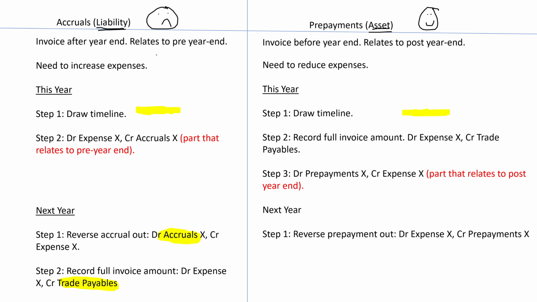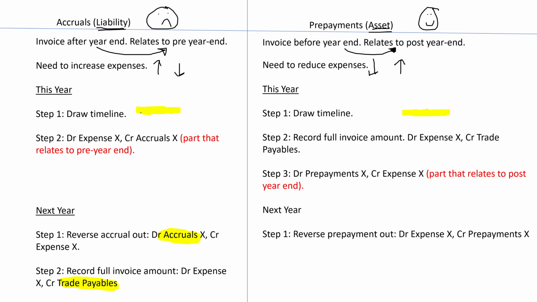Accruals normally result when you have an invoice after the year end, but it relates to pre-year end, whereas prepayments is when you have the invoice before the year end, but it relates to post-year end. So some expense needs to be removed. An accrual adjustment increases expenses and reduces profit, but prepayments reduce expenses and increase profit.